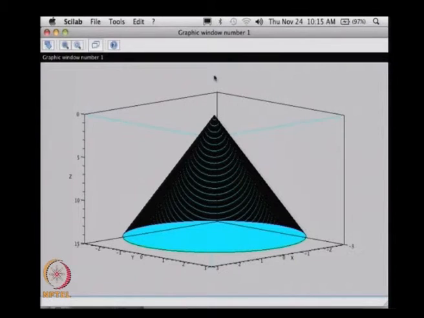So then what will happen? In this particular case, when you have a surface like this and a free stream coming in, obviously there is going to be a shock wave. The shock wave is also going to be centered around this vertex.